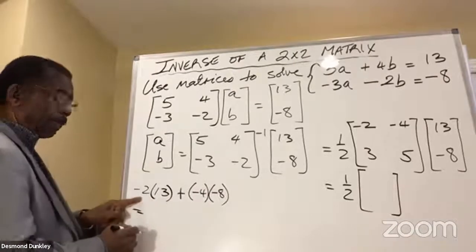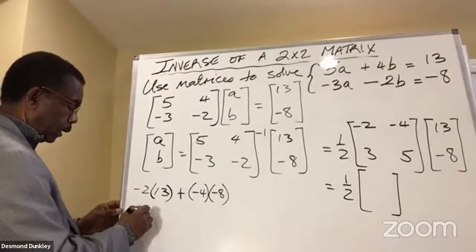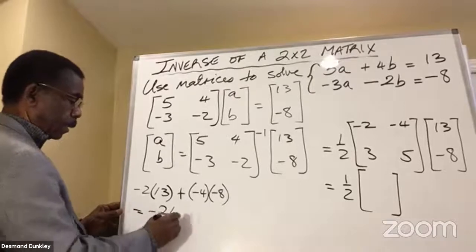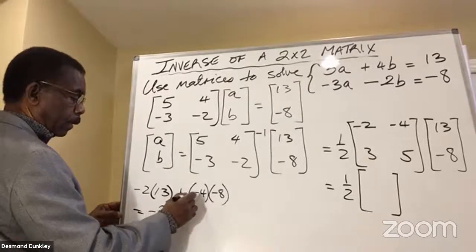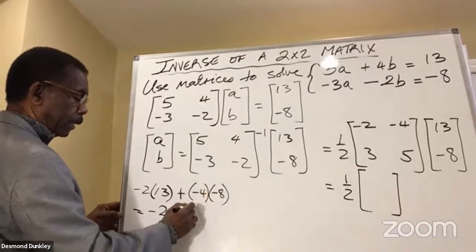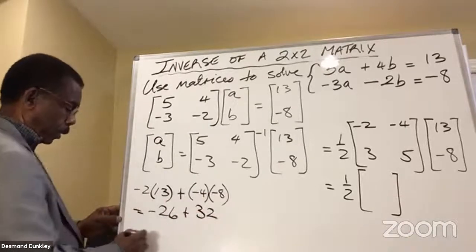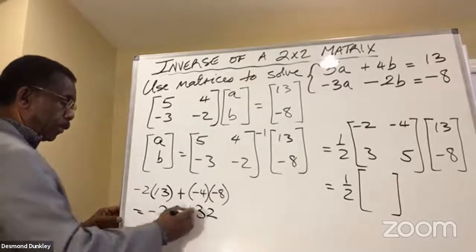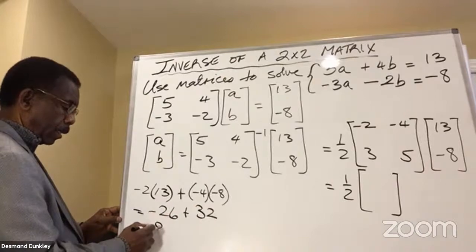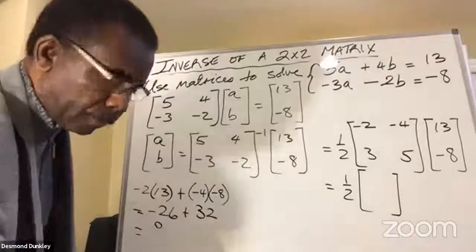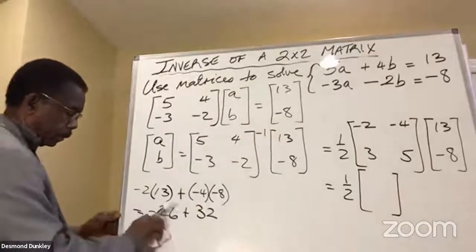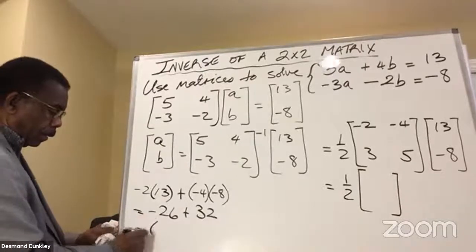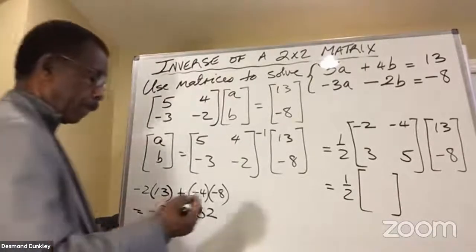It's equal to negative 2 times 13 is negative 26 plus negative 4 times negative 8 is positive 32. That to me is going to be positive 6.